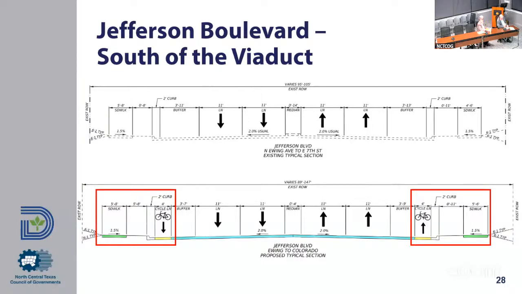We then did a significant amount of conceptual engineering on Jefferson Boulevard. So you have Jefferson Boulevard, North Ewing to 7th Street, the typical section, and then the proposed section, you can see the interface of the bicycle pedestrian elements as part of that particular cross-section.